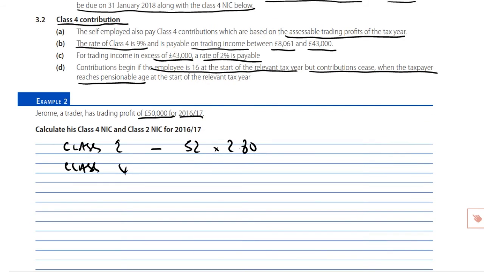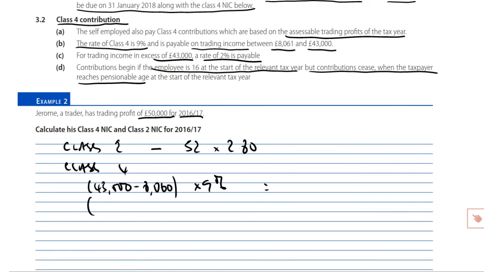It's the main tax charge. Very simple. We've gone above the lower threshold of 8,060, and of course we've gone above the upper limit of 43,000. So yet again, the difference between 43,000 and 8,060 will be charged at 9%.